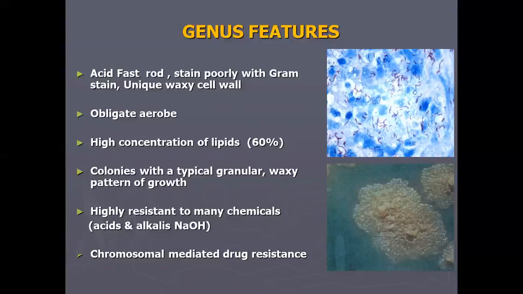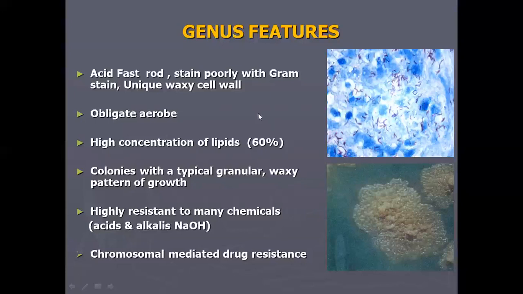Now, the cell wall of Mycobacterium tuberculosis has a unique waxy material inside it. And this waxy material contributes towards its virulence along with its staining characteristics. We can see here the red cells, the acid-fast stained long rods of Mycobacterium tuberculosis, against the background of blue color.